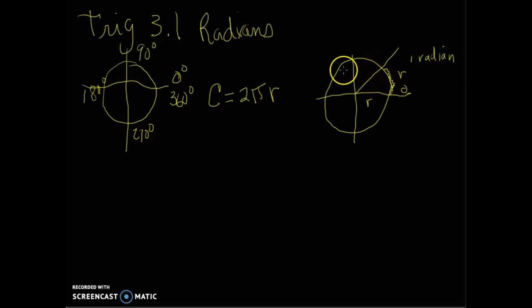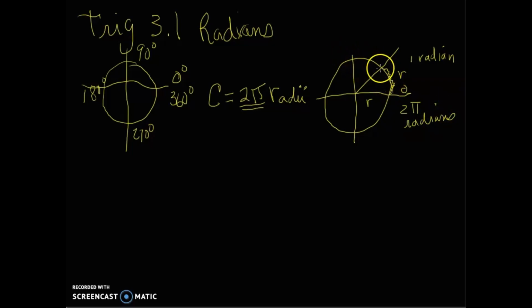And as you go around the circle, how many radiuses do you have? Well, back to this, you have 2 pi radiuses, or radii. So 2 pi radii is really all the way around the circle. 2 pi radians. What does that mean?